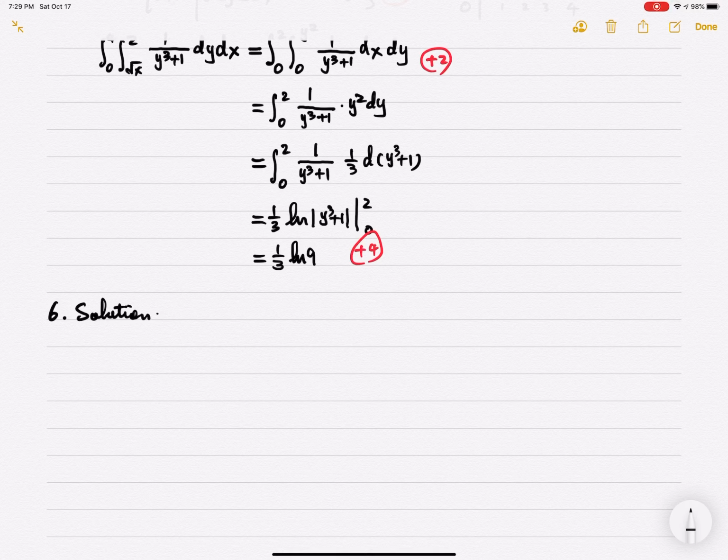One of the curves, you see, x squared plus y squared equals 2y. So we can complete the square, move the 2y to the left hand side as y squared minus 2y, you add 1 to both sides. Y squared minus 2y plus 1, which is equal to y minus 1 squared, equals 1.